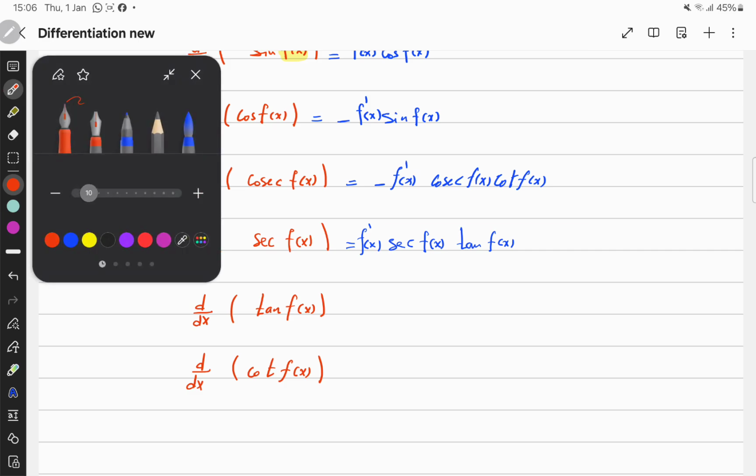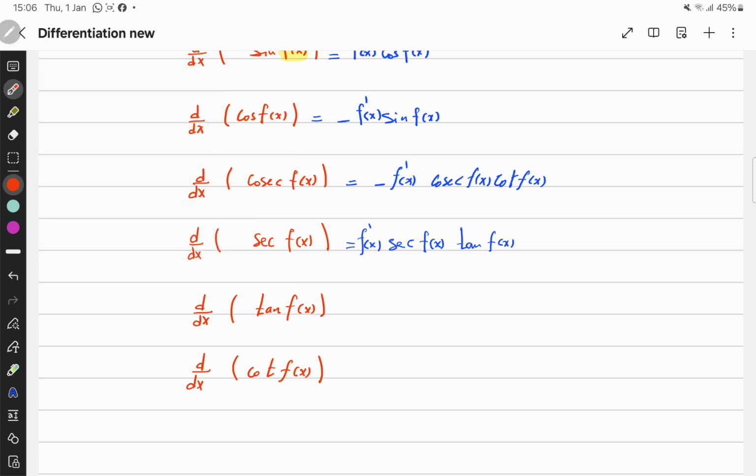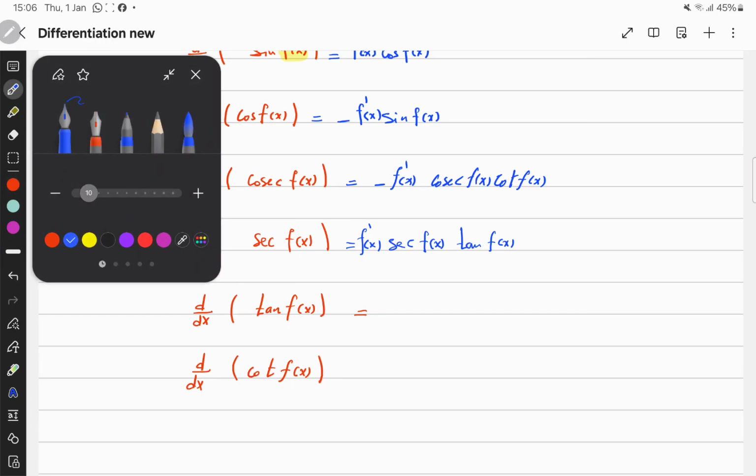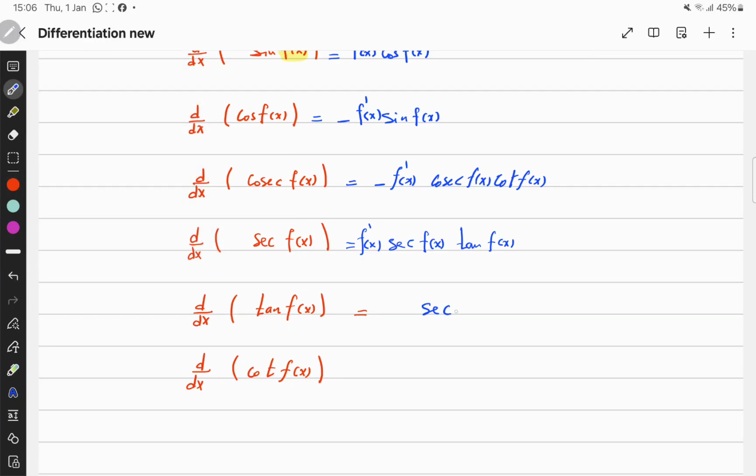Everyone knows that the derivative of tan is sec squared f of x times the derivative of inside, which is f prime x. The derivative of cotan is negative cosec squared f of x times the derivative of inside, which is f prime of x.